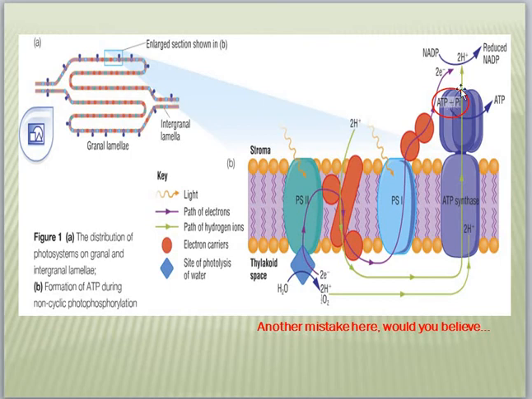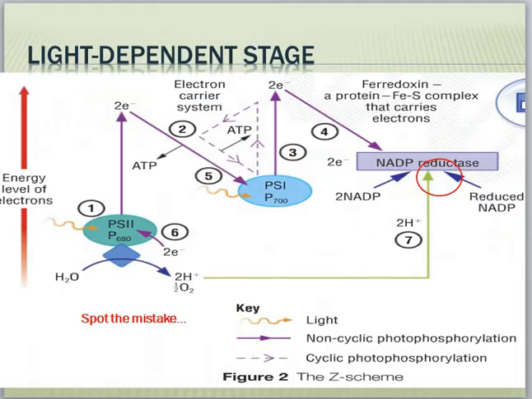Okay, the protons that were pumped through can then combine with the electrons that went through the electron carriers to form hydrogen atoms, and these can then join on to NADP and reduce the NADP as shown in the other slide, which is here.